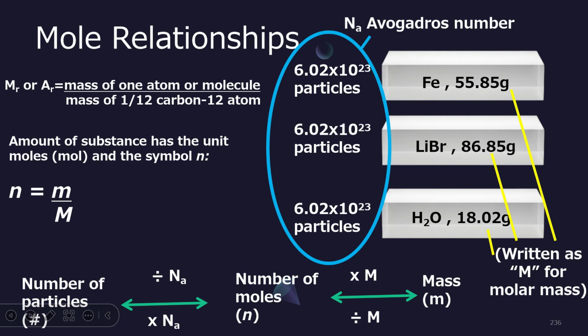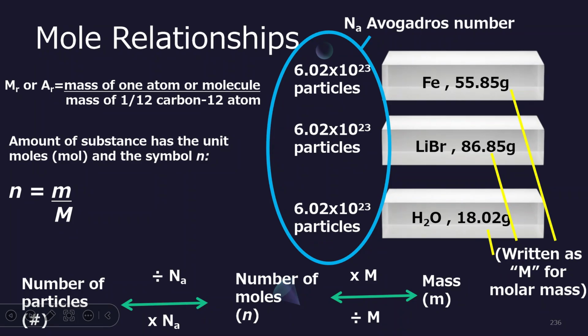All right, so all these containers have the same number of particles but different masses, and that's what's going to happen very often. And you'll notice that these masses are exactly what you would find on the periodic table for the molecular weight of these elements. So iron is just itself. Its number for mass on the periodic table is exactly 55.85, I think it should be. Then if you took lithium mass plus Br mass on the periodic table, you would get 86.85.